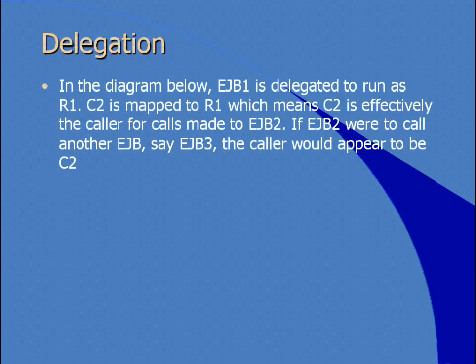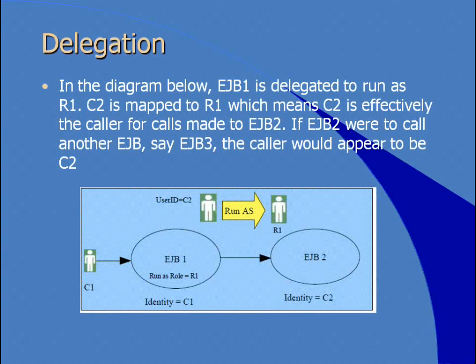In the diagram, EJB1, running in an application server, is an instance of an EJB called EJB1. EJB1 is delegated to run as. In other words, we've defined a run as role on EJB1 to run as R1. We also have, at the application level, a user identity of C2 that's mapped to run as R1.